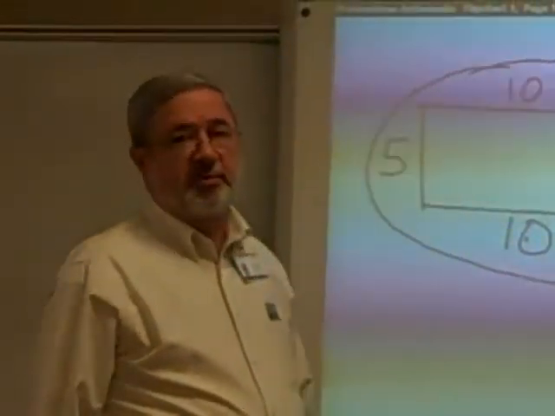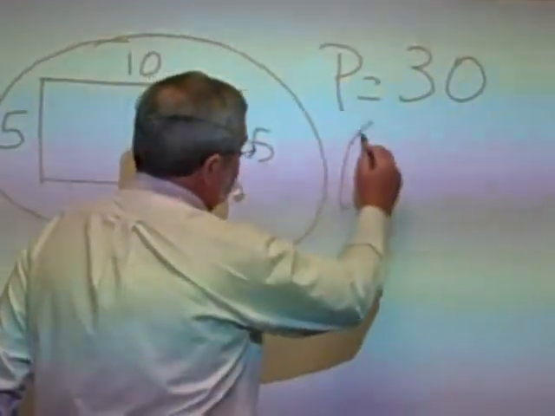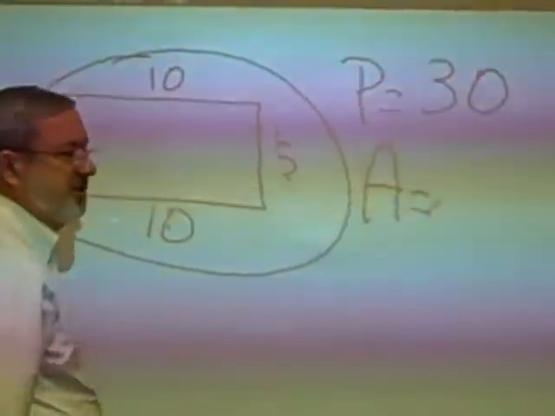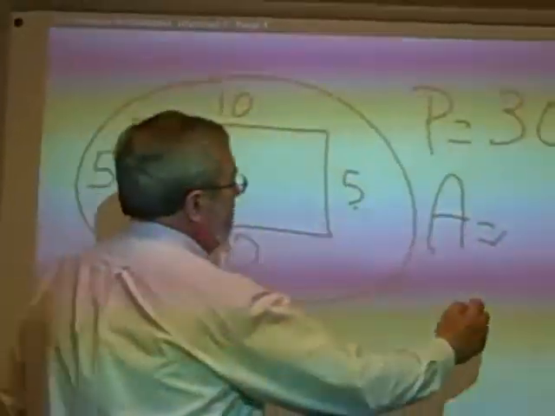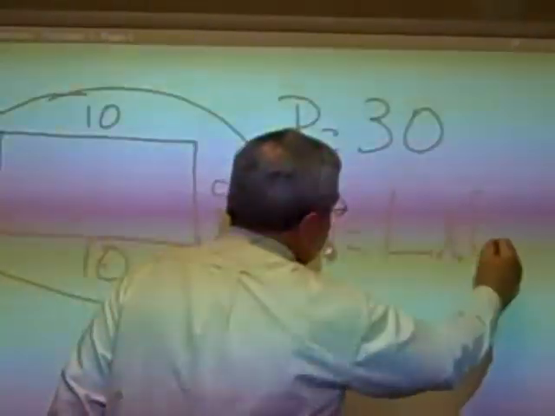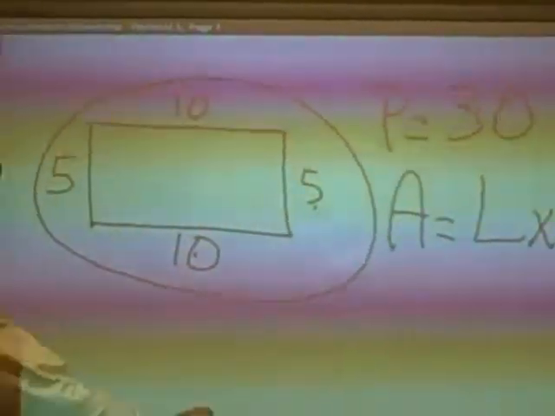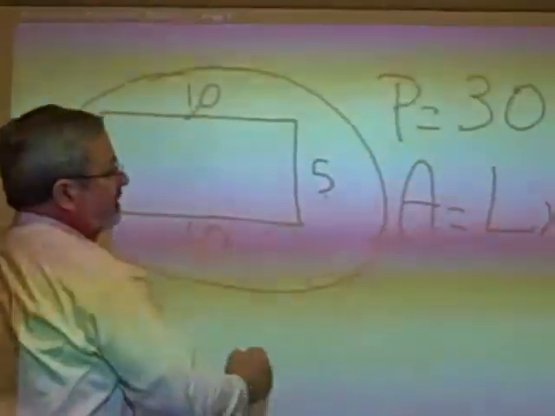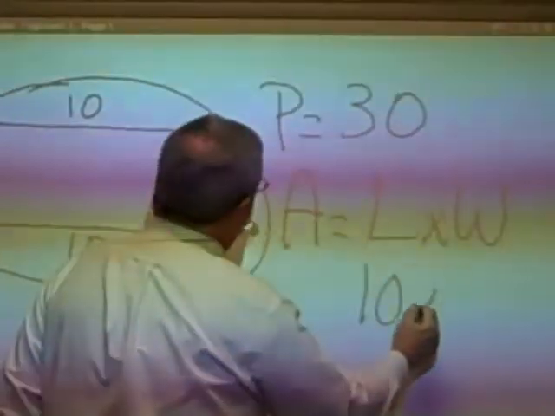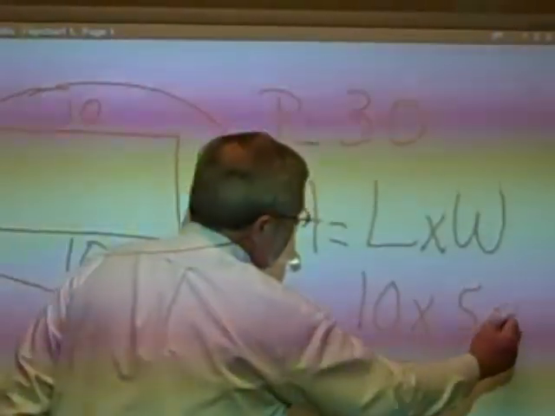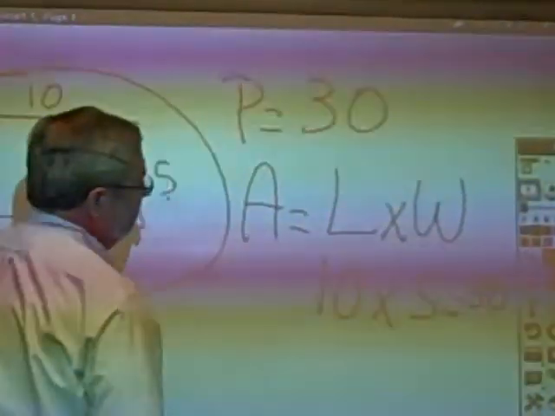Now, the difference in perimeter and area, real simple, no big deal, a little bit of multiplication. If I want to find area, area simply is defined as L times W, or of course length times width. If this rectangle has a length of 10, a width of 5, then 10 times 5, of course, is 50.